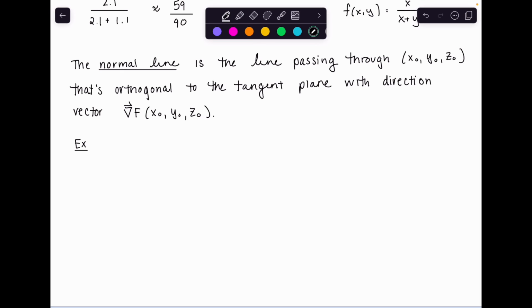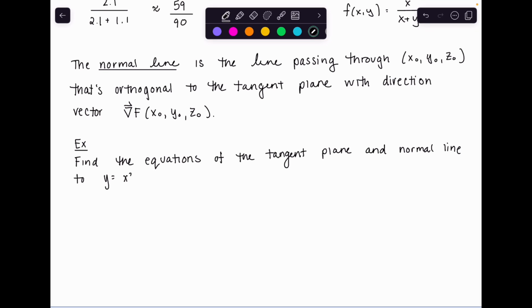So for this example, we're going to find the equations of the tangent plane and normal line to the function y equals x squared minus z squared at the point (4, 7, 3).